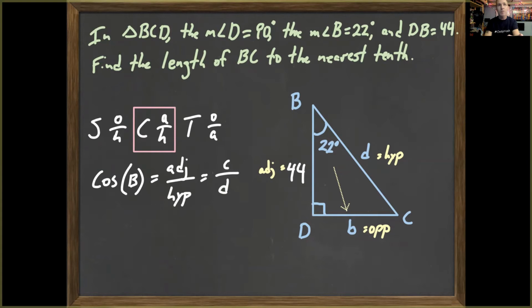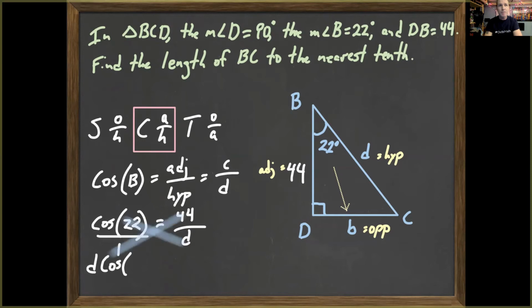So I'm going to go ahead and rewrite that. Cosine of 22 equals 44 divided by d. All right, this is kind of weird because my variable is down here. So I need to find what d equals in this case. So I can set this up as a fraction because cosine of 22 is just a number, and then cross multiply. So cosine of 22 over 1 equals 44 over d.